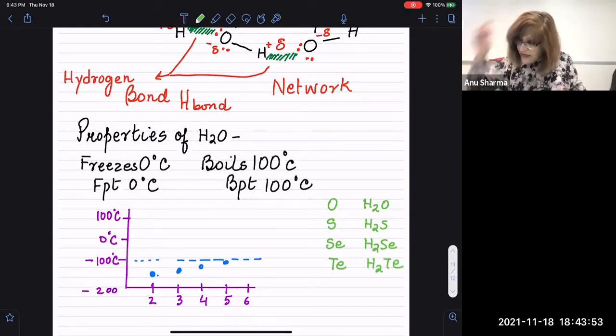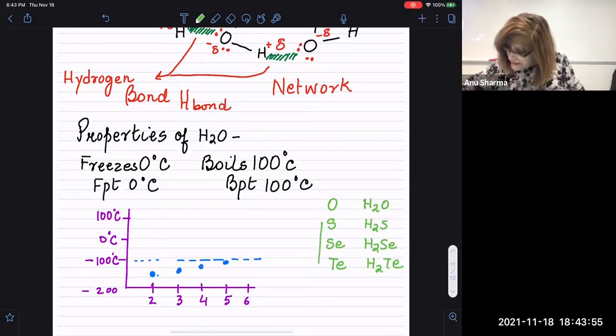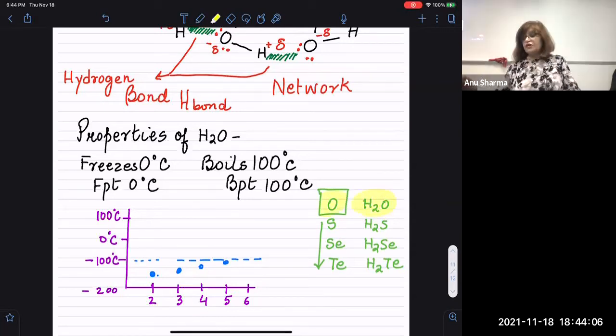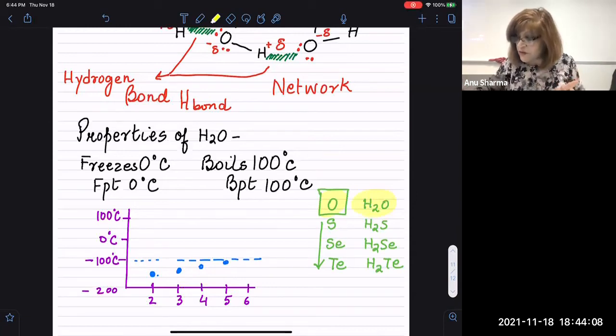So we see that the boiling point is increasing, except for oxygen. That is creating a problem: when oxygen combines with hydrogen, ideally it should have the lowest, but it has the highest.